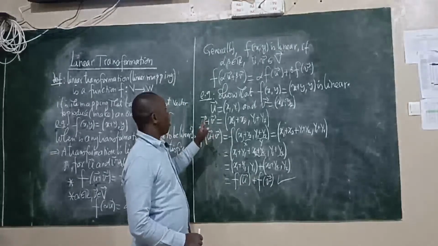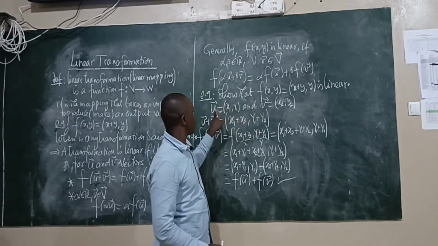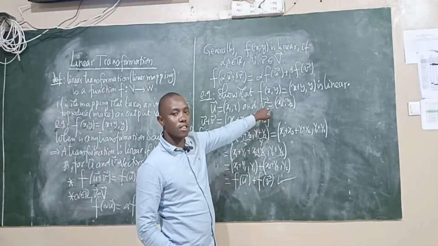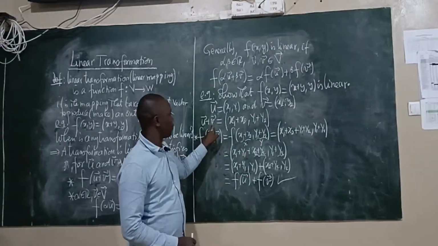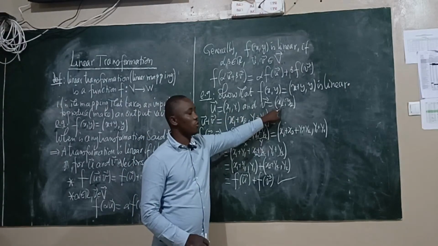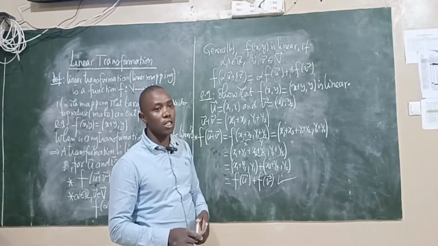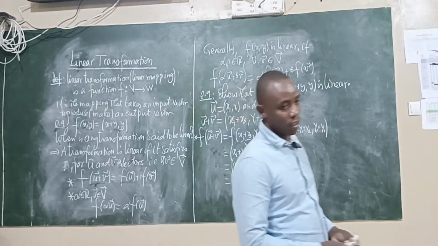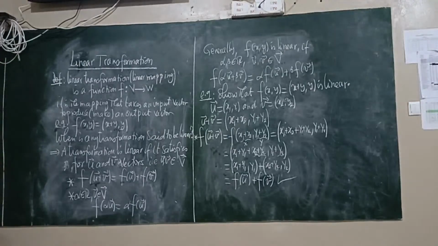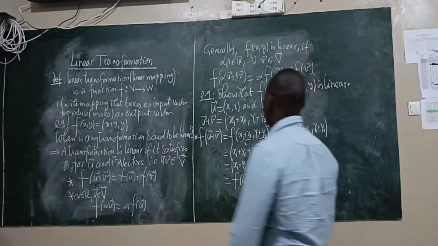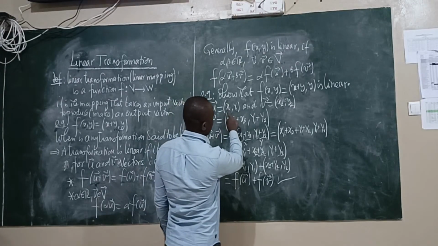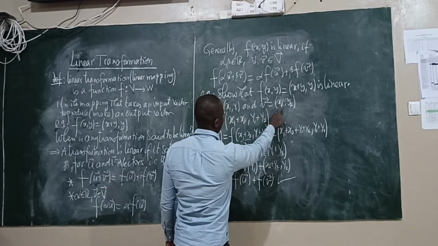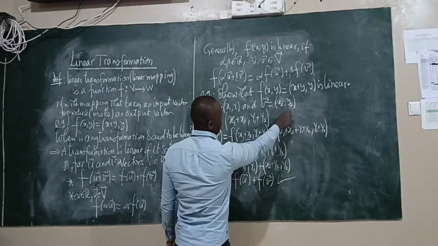Now, after assuming these two vectors, you find their sum, where u plus v is given by x1 plus x2, comma y1 plus y2.